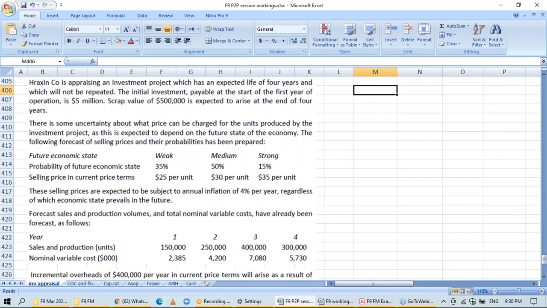Students, while you are reading this question, I am making some short workings on the sheet so that we can save some time. So I'm working on it. You can please continue with reading the question.